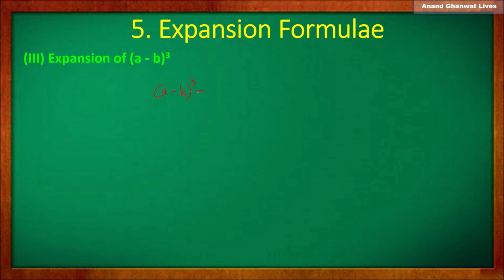Now the cube of a minus b is equal to a minus b into a minus b and into a minus b. Now a minus b into a minus b, these two brackets, that is the square of a minus b.